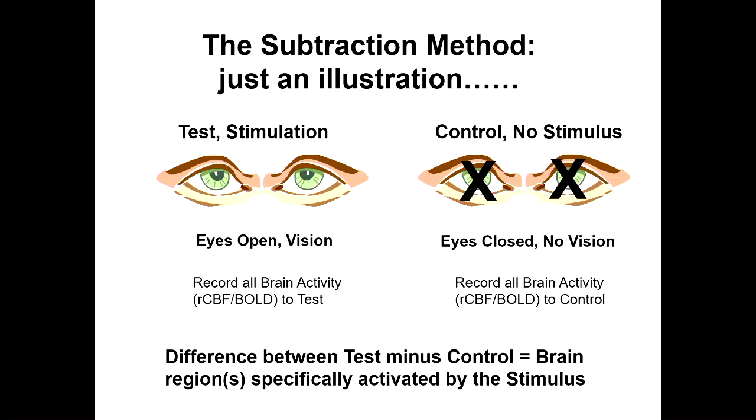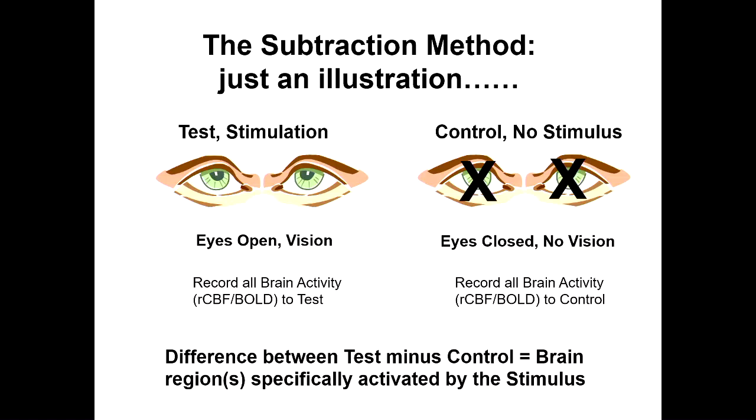The general approach would be to put a healthy, neurologically intact person into a scanner, and in the test situation here, they would have their eyes open, and they'd probably be looking at something inside the scanner, so they'd be using their visual system. And then the scanner would record the neural activity throughout their whole brain, based on regional cerebral blood flow, or BOLD if it was fMRI, when their eyes were open and they were using their visual system. So they'd make that scan.